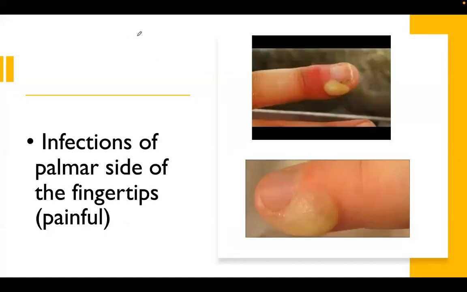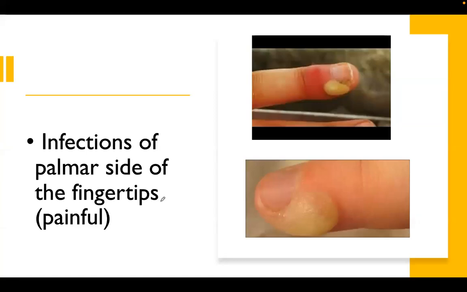Now, what do we call this? These are all found in your textbook. Infections of the palmar side of the fingertips, like what you see here in the photo, and they are painful.